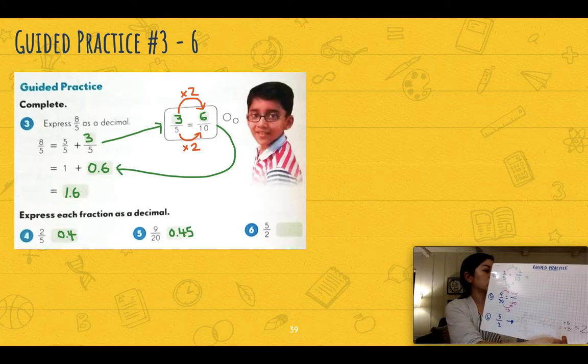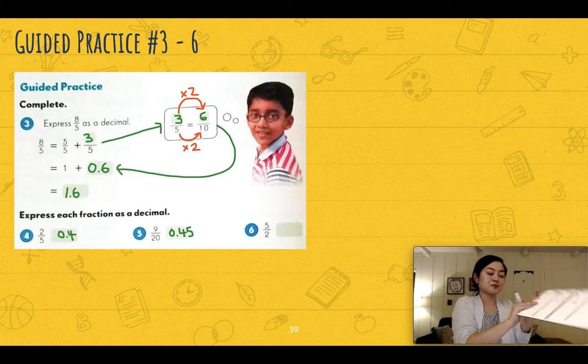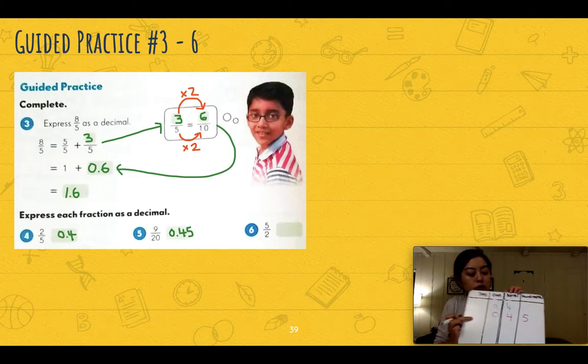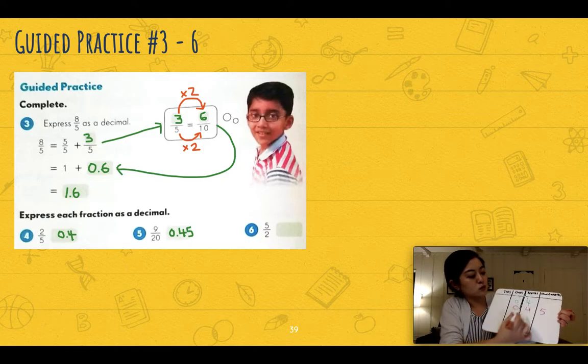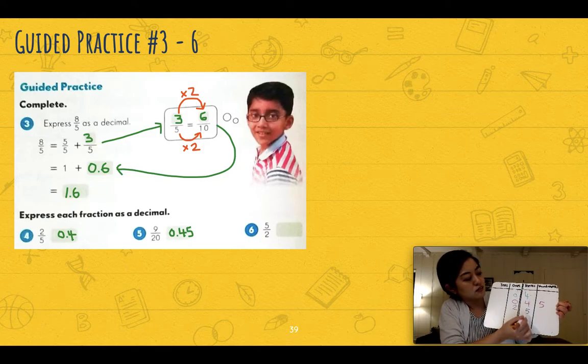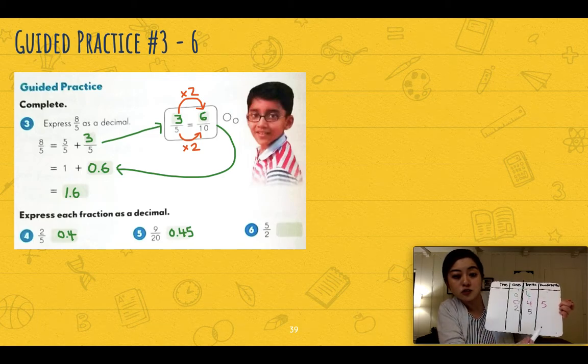Okay, so how do I write 2 and 5/10 in here? Okay, well, my whole number is a 2 and it's in the ones place, and then it says 5/10. So 5/2 is the same thing as saying 2 and 5/10, which is 2.5.